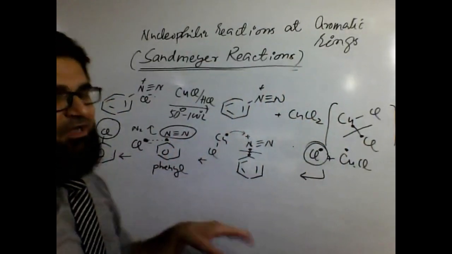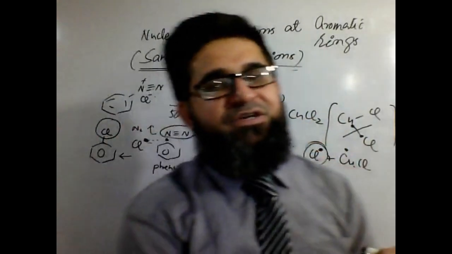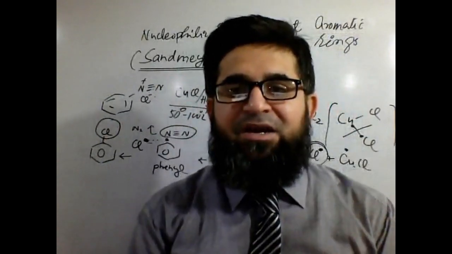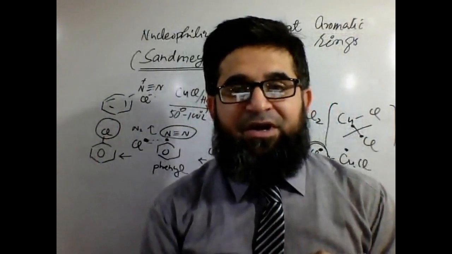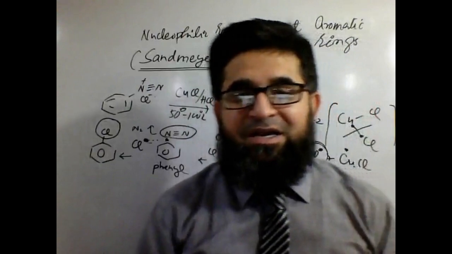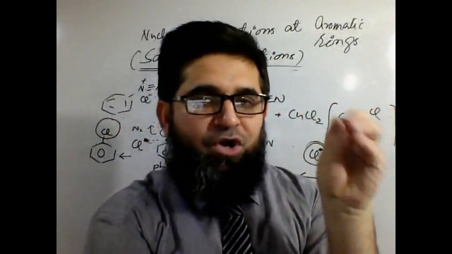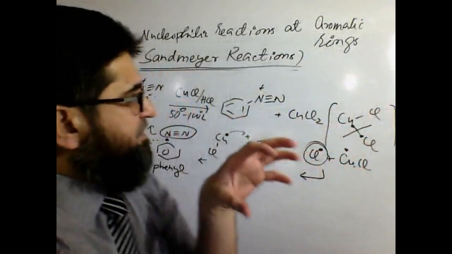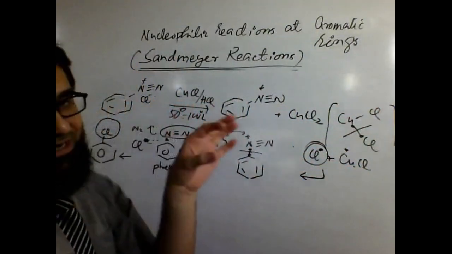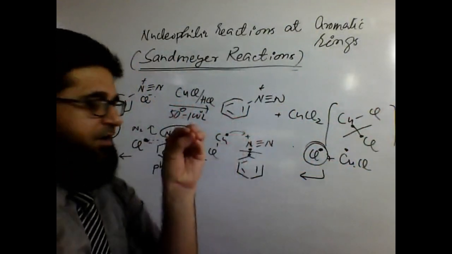The other way was where we consider that the phenyl ring becomes a positive cation, then it is attacked by some nucleophile present in the flask. Like water is there, then hydroxyl can attack, or chloride can attack, or cyanide can attack.